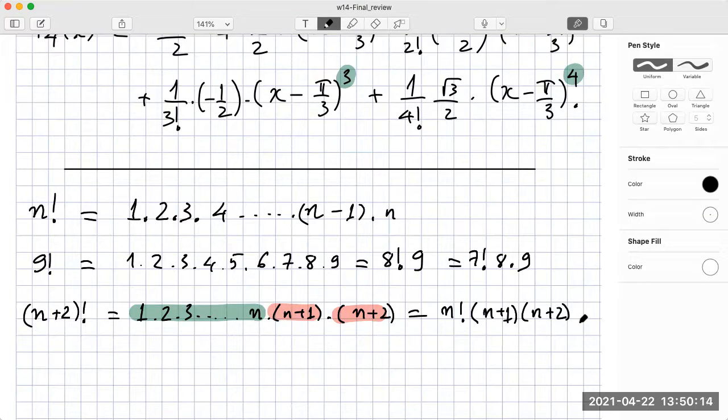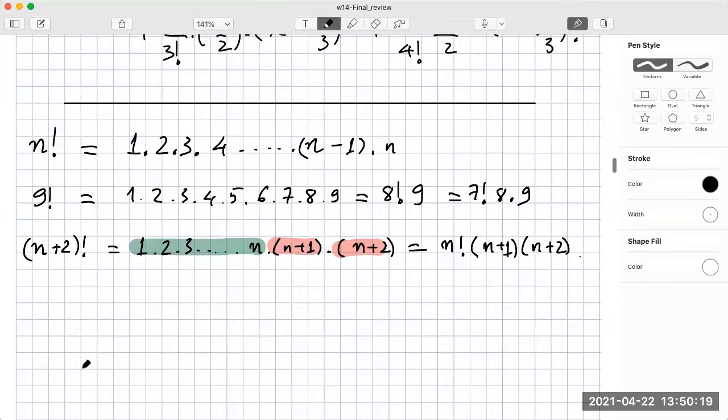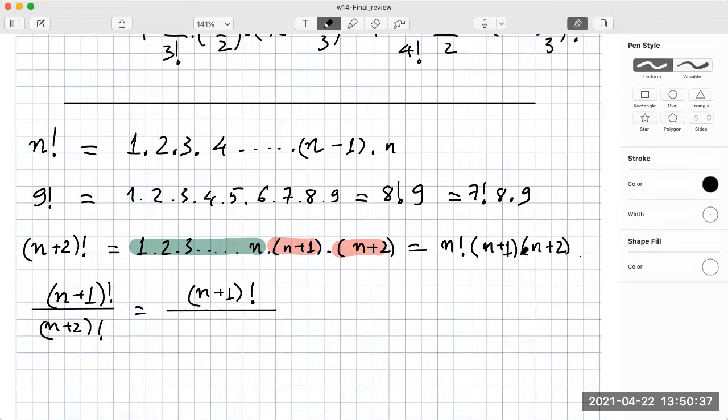So therefore, n plus 1 factorial, if we divide this by n plus 2 factorial, what do we have? Let us write this n plus 2 factorial here as n plus 1 factorial times, what is next?